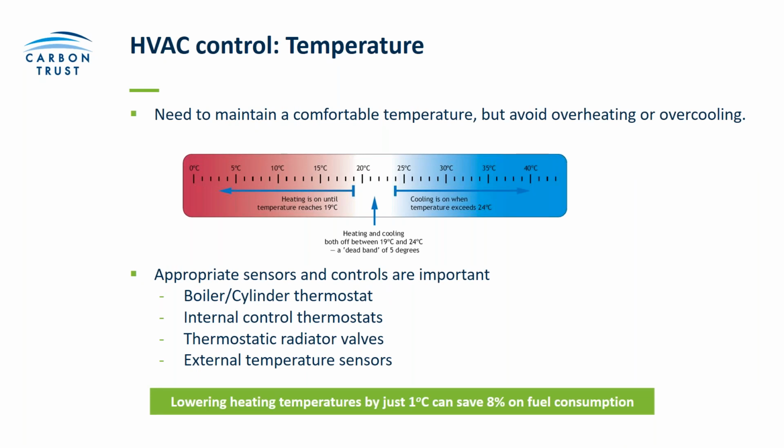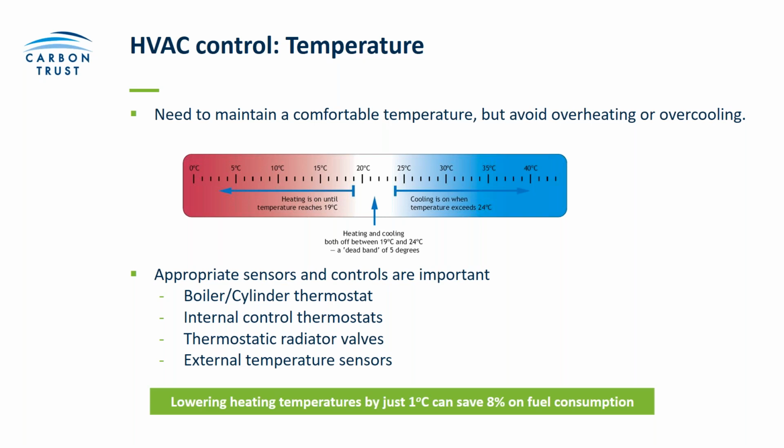That requires sensors to monitor temperature either at the boiler level or within rooms through individual control thermostats or through thermostatic radiator valves, or indeed looking at the external temperature to see how that might impact on the need for heat within a building. So making sure that those temperature levels are optimized can save significantly.